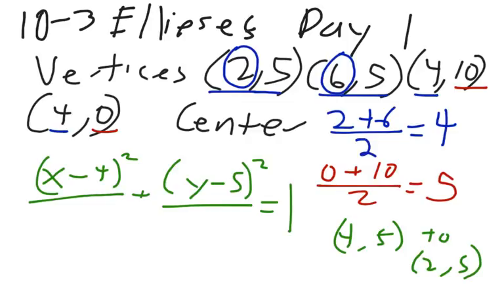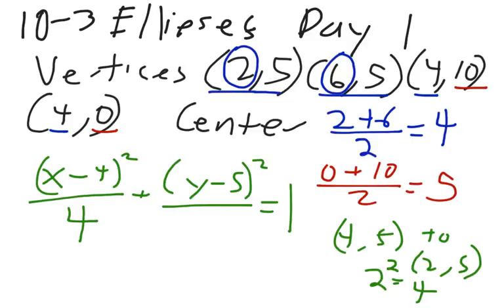Let's just do (2, 5). How far is it from (4, 5) to (2, 5)? That would be 2, the distance we're going in x. If we square it, 2 squared equals 4, since that's how far we went left and right, that's going to be under our x.